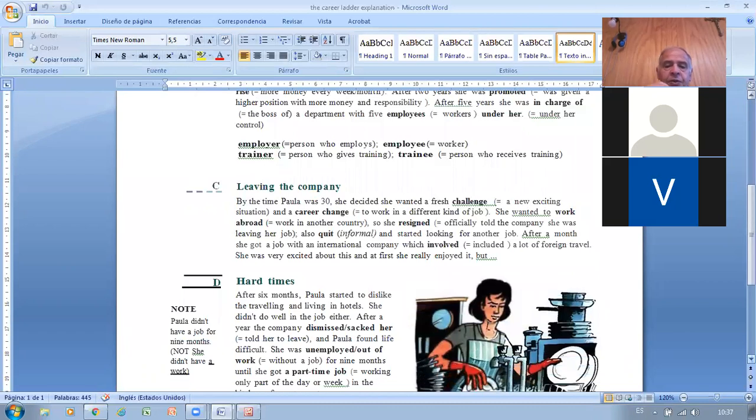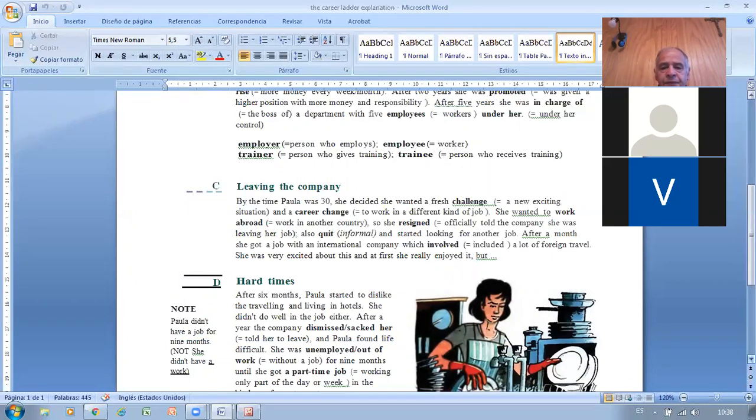Continue reading. By the time Paula was 30, she decided she wanted a fresh challenge, a new exciting situation, and a career change to work in a different kind of job. She wanted to work abroad, in another country.